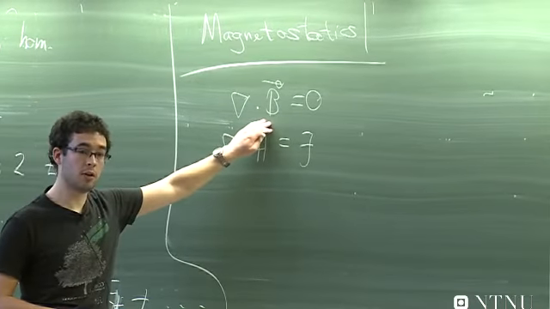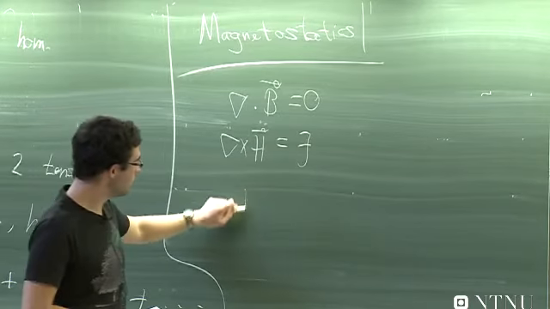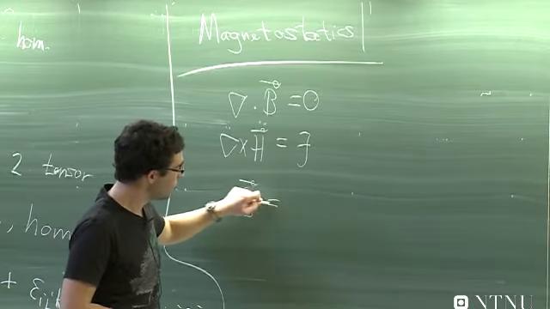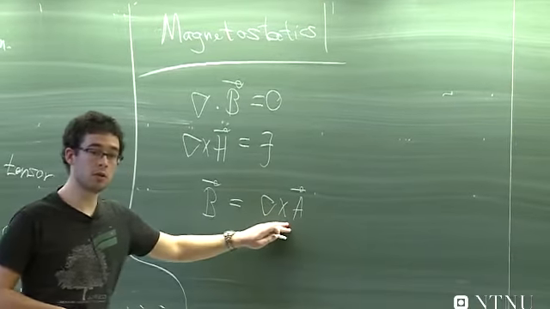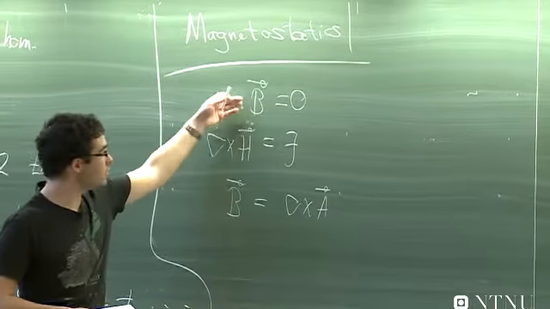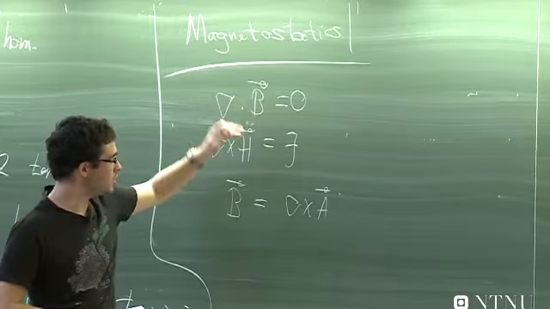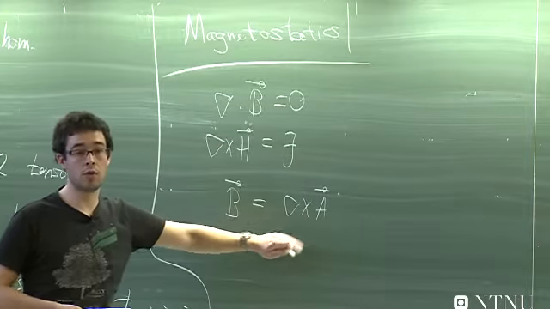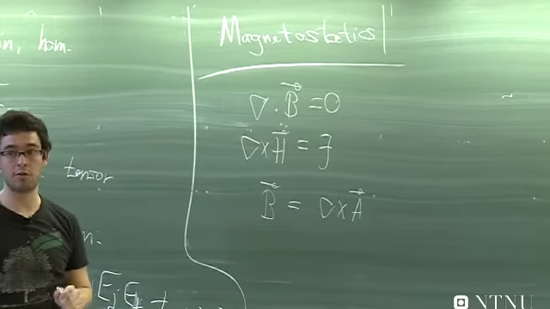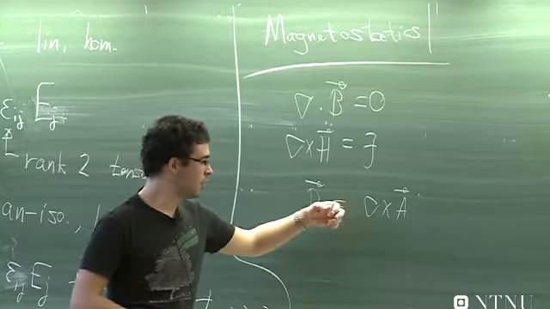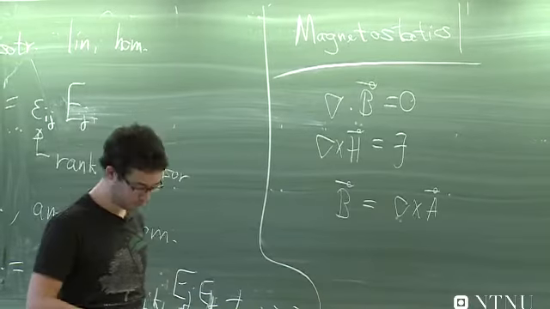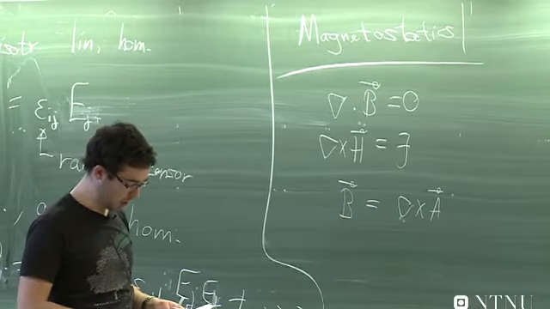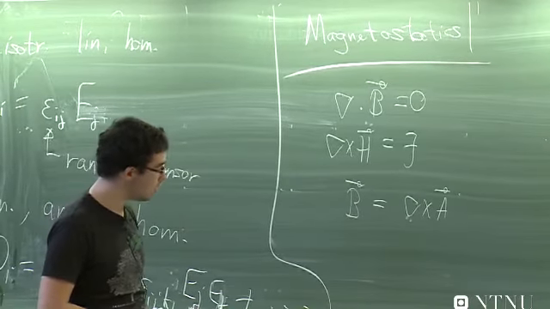This means that you can write the B field as the curl of a vector field. Now this explicitly, or perhaps implicitly, incorporates this equation here, because the curl of a vector field does not have a divergence. So this means that I can reduce these two equations to just one equation. And A is what we call the vector potential.